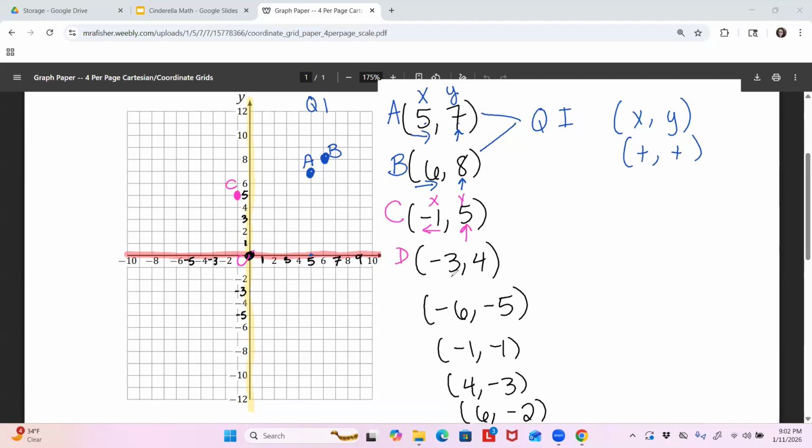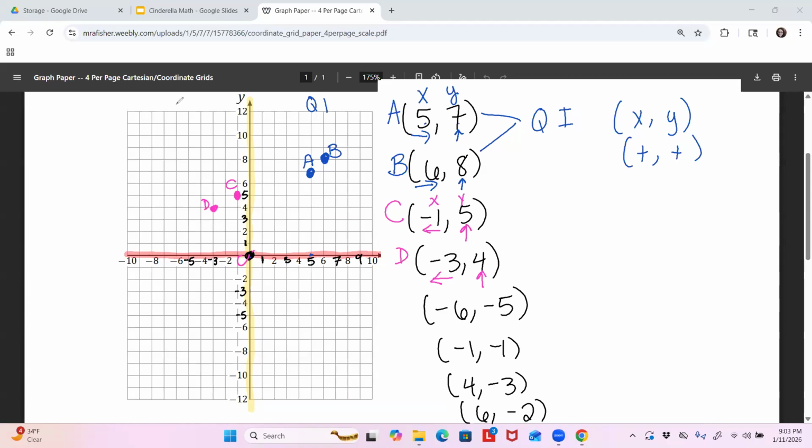How about D? Left 3, up 4. So starting at home base, the origin, 1, 2, 3. There's -3. Now up 4. 1, 2, 3, 4. D. There we go.